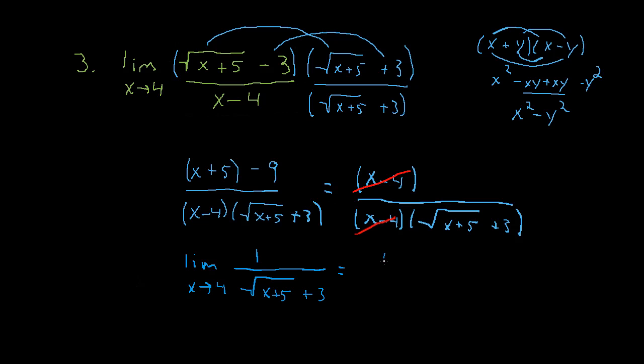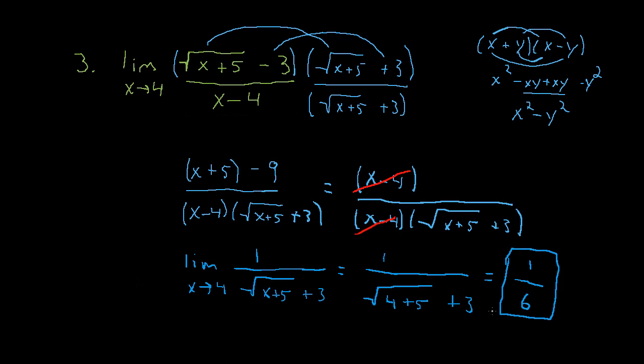So this is going to equal 1 over the square root of 4 plus 5. There's my substitution right there. Plus 3. And if we crunch the numbers here, we get a 1 up top. This is just the square root of 9, which is really just 3, and 3 plus 3 is 6. So 1/6 is the limit of this function as x goes to 4.